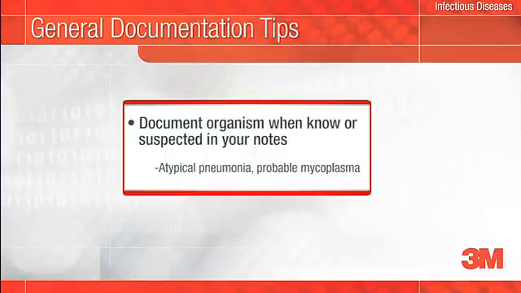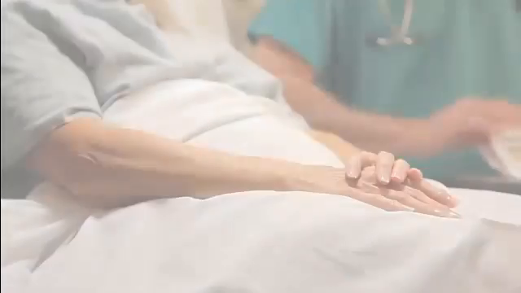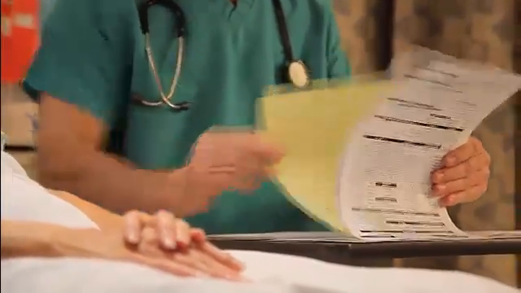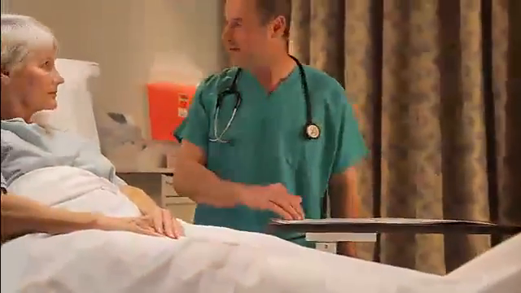Ask yourself, what else could I add in my notes about this patient's condition that would better communicate how sick the patient is, which in turn better communicates the resources needed for patient care? Incorporating these aspects into your documentation will result in an accurate picture of your patient's severity of illness and risk of mortality.